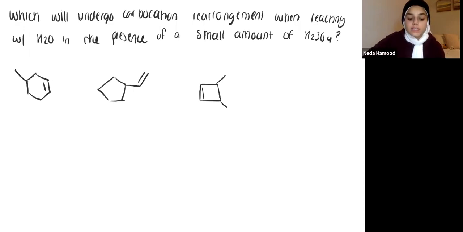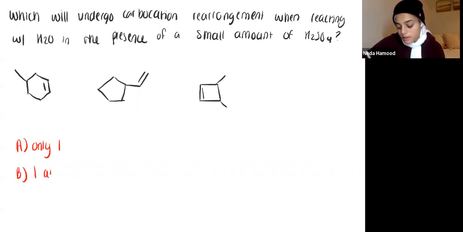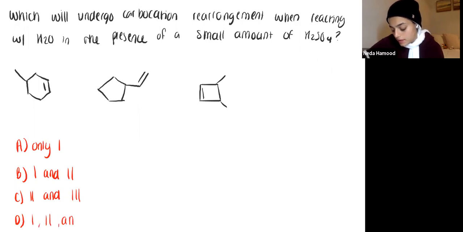So what are you guys thinking the answer is going to be? Let's say that our options are A, only 1, B, 1 and 2, C, 2 and 3, and D, 1, 2, and 3.